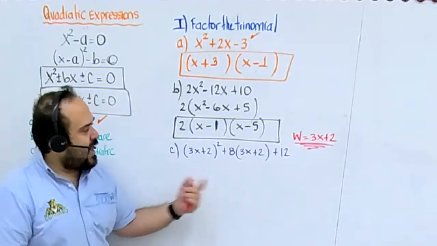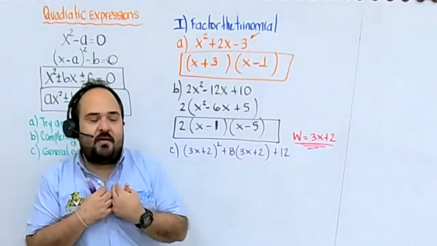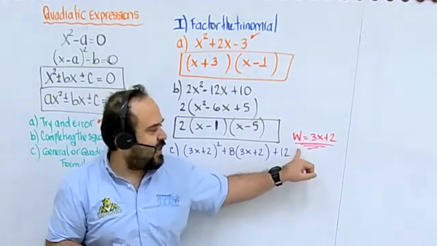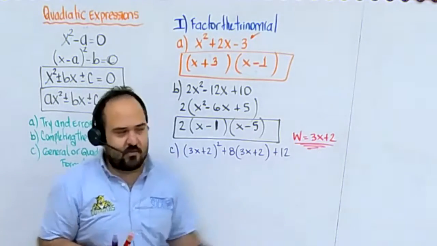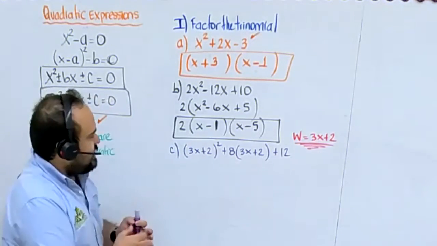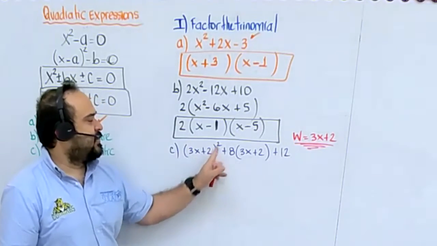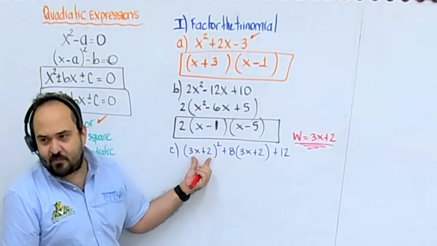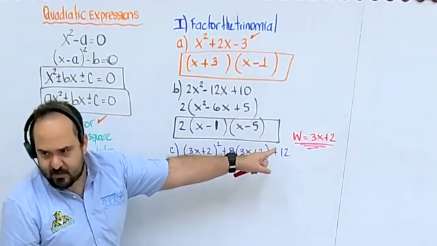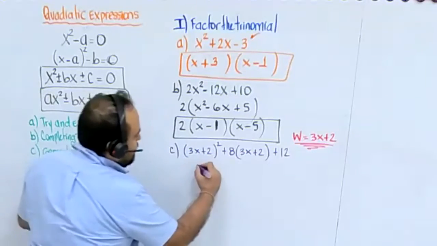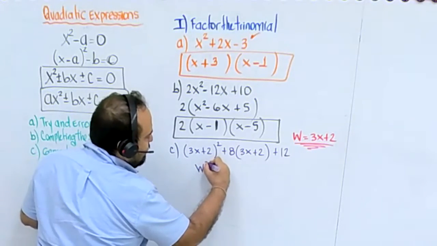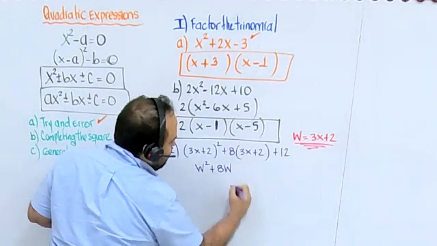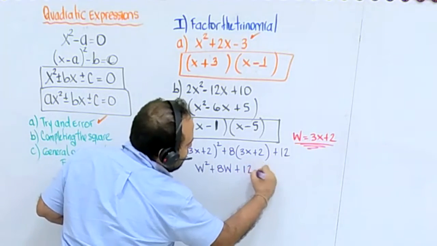I'm creating my own equation, W equals this expression. Instead of writing 3x plus 2, I'm going to replace it with W, and transform this equation into W squared plus 8 times W plus 12.